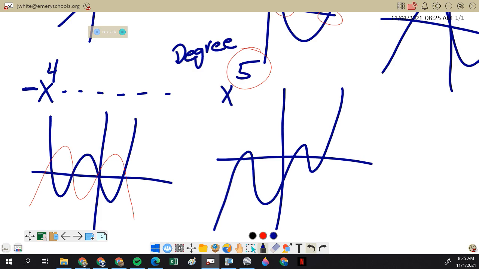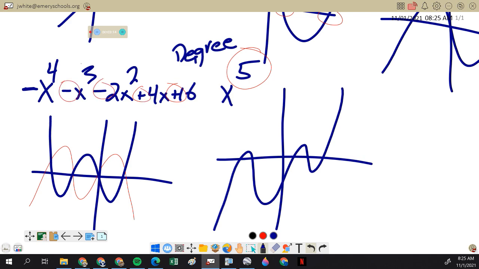Okay? What about all of the signs of all the other pieces? What do all of those do? And what do all of these do? Well, they change the shape of the graph. They push and pull and move things up and move them down, but they don't change the basic shape.